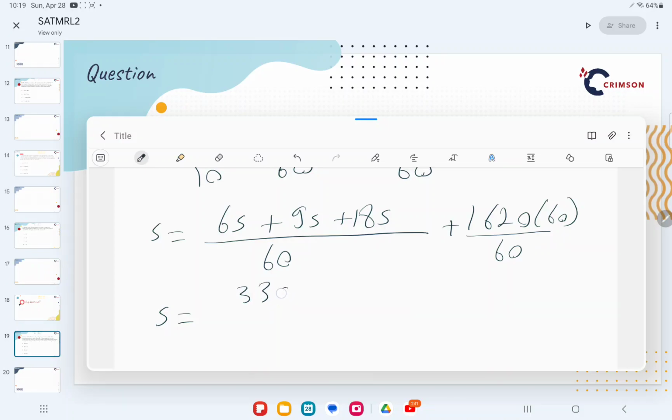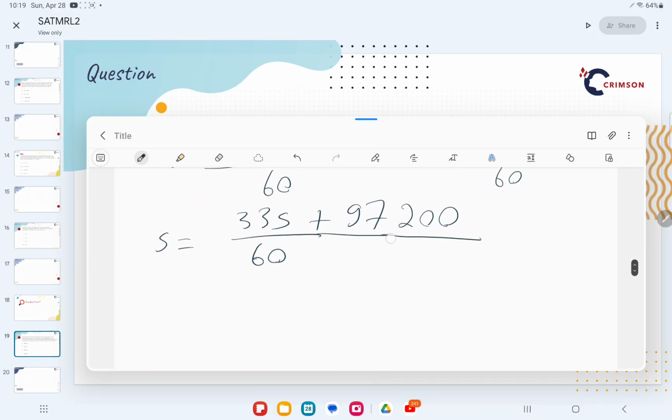Okay, salary 6,918 over 60. How much is this? 1620 into 60, 97200.